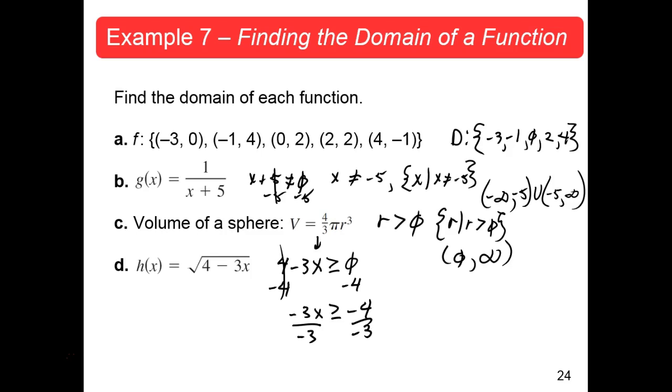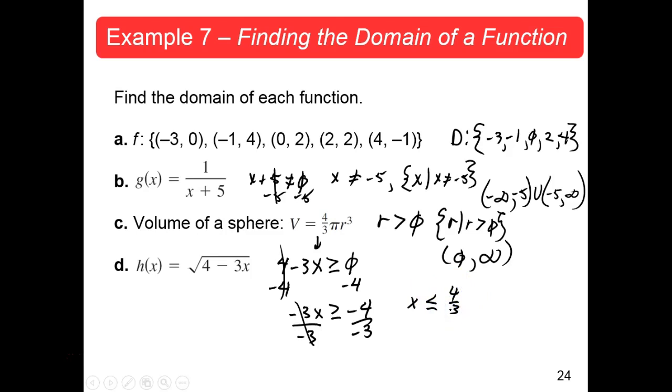It stays the same. But when you multiply or divide by a negative number, what happens? You have to flip the inequality. So this becomes, because that's a negative number, x is less than or equal to 4/3.